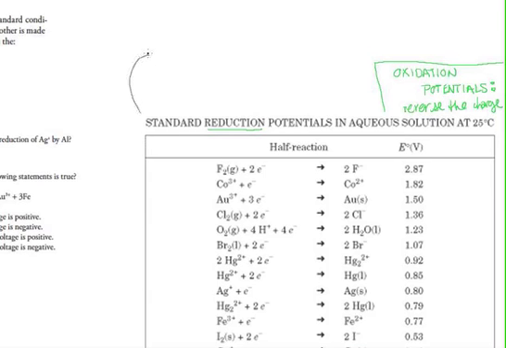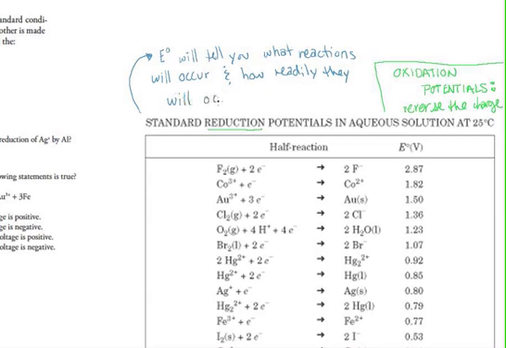So these numbers will tell you what reactions will occur and how readily they will occur, which is pretty neat.